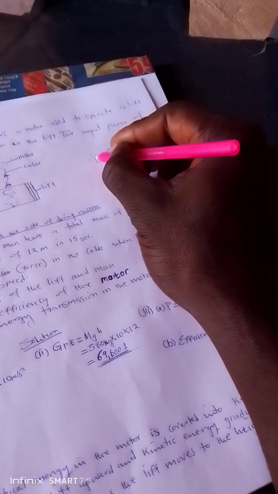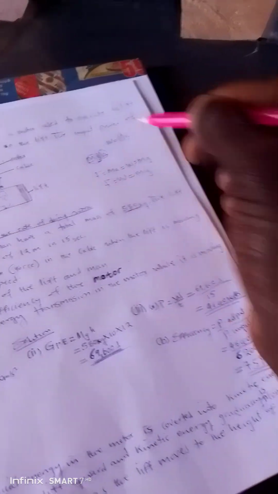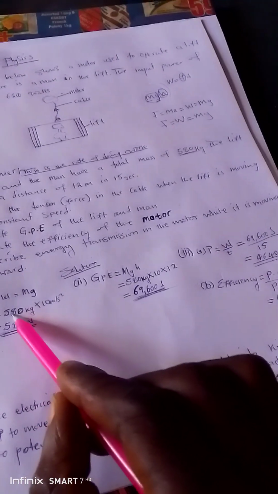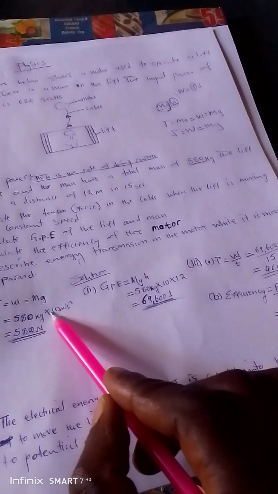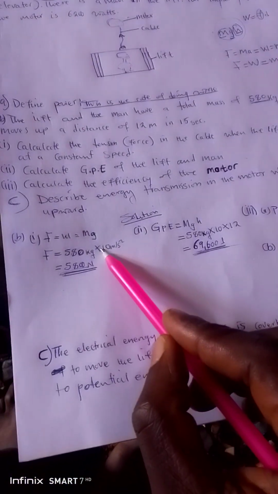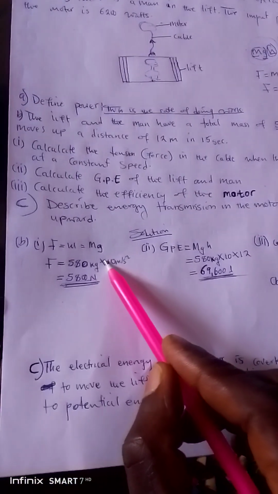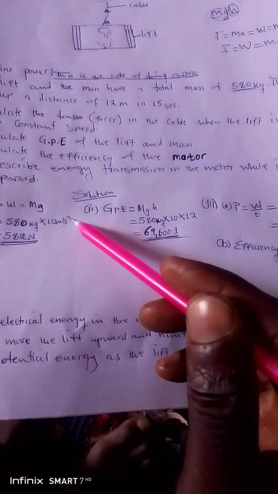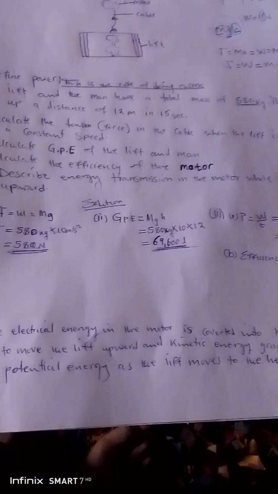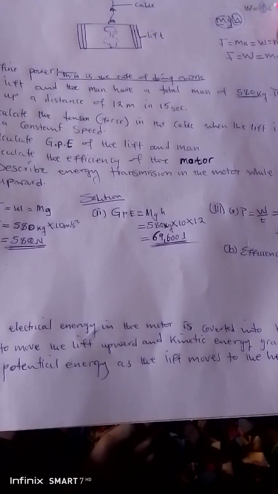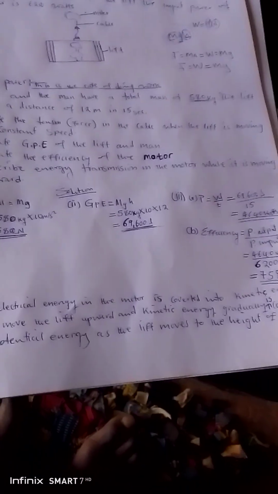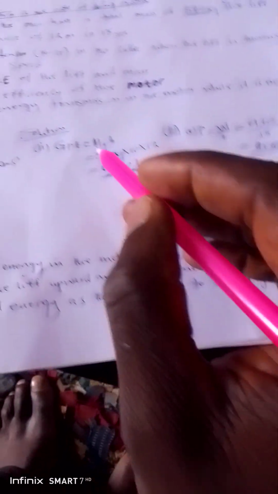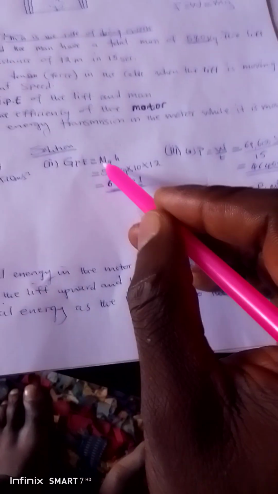Or if you are to say mg, we already have this mg here, which is mass times the gravitational force, or mass times the acceleration due to gravity, and we just multiply by the 12 meters, which is the height or a distance in this case.